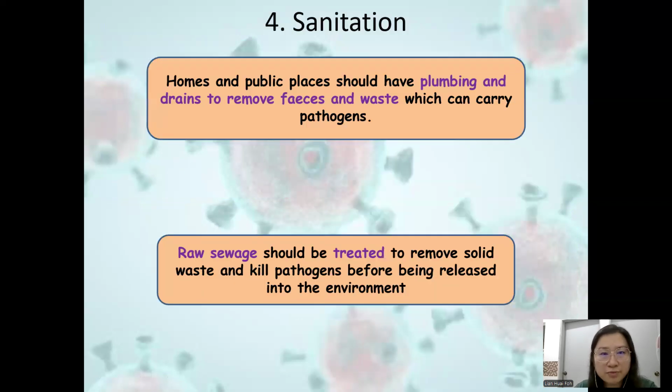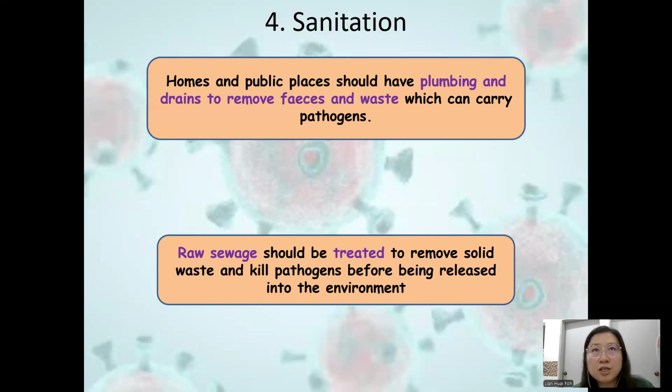Remember that we talked about this during the history of cholera, during the era of industrialization, when the drainage system was not properly built and all the sewage was disposed of everywhere, and that caused cholera to spread. Once people discovered this, they tried to improve the sanitation system.